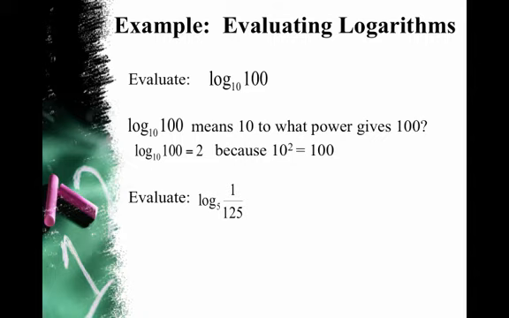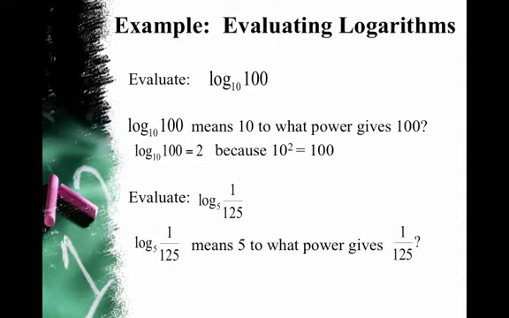Similarly, what about this one? Log base 5 of 1 over 125. Again, this is saying 5 to what power gives us 1 over 125? Well, we're going to get -3. And you're like, whoa, how did you just pull that out? Well, if this is crazy math to you, take the time to check out the video reviewing rules of exponents.